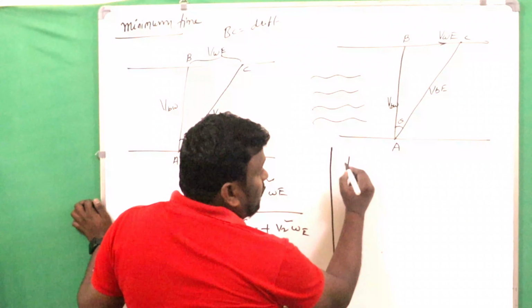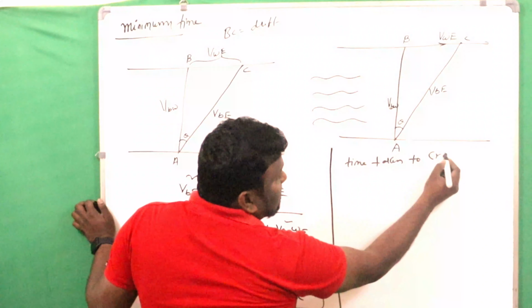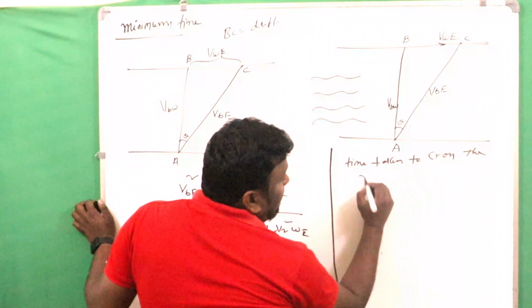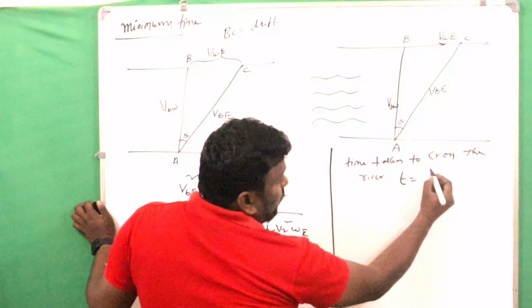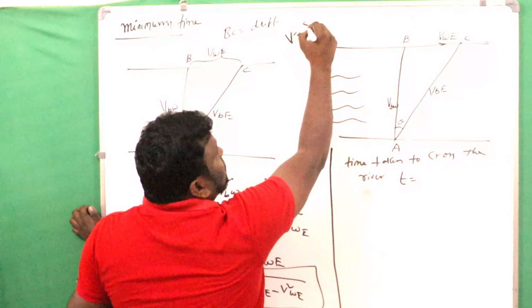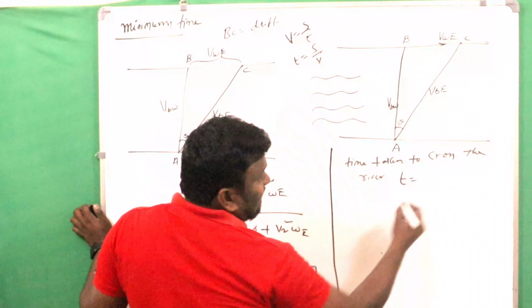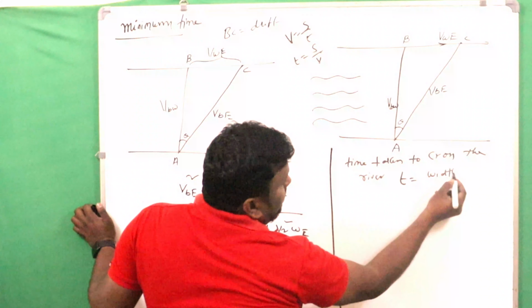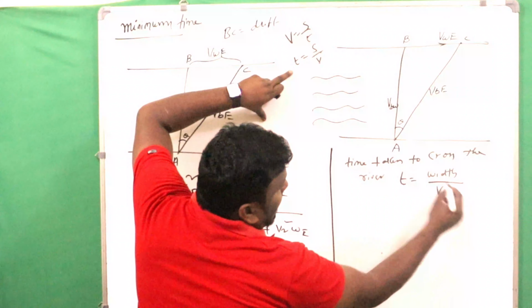Now here, time taken to cross the river. How can we write it? T is equals to, so what do you know? Velocity is equals to displacement by time, so time is equals to displacement by velocity. Width by velocity. What is the velocity here? VBW.